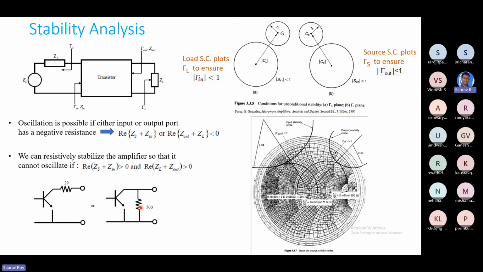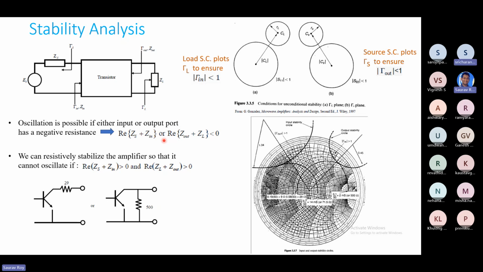So what I am saying, the condition for instability is that the real part of the resistance seen by the load side is less than zero, which in our case happens to be minus 500 ohm. The 500 ohm is actually a negative resistance seen by the amplifier, by the transistor, because it's unstable at that point.